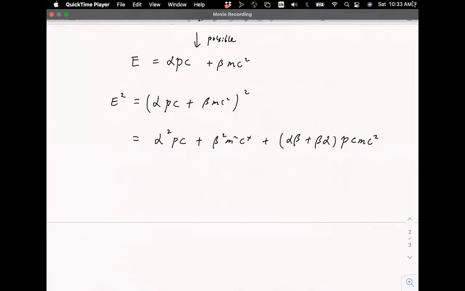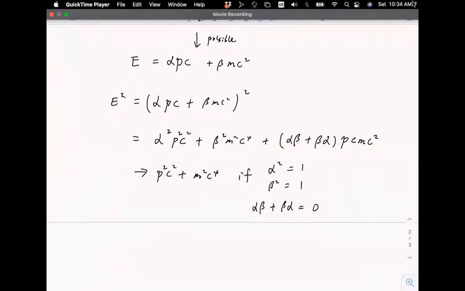Okay, this will be possible if this is 0 and this is 0, and sorry, this is 1.